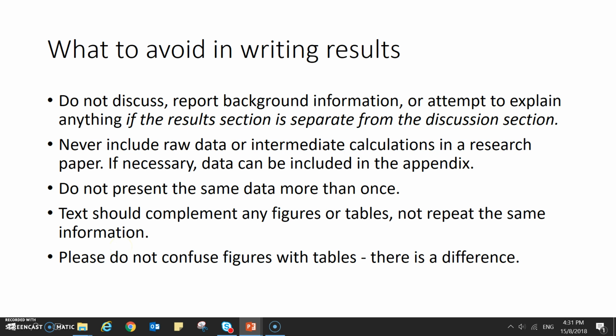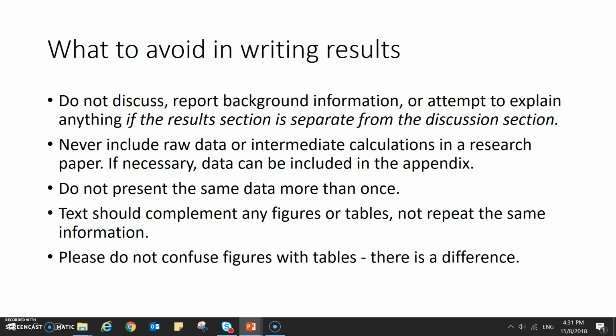What do you avoid writing in the results section? If your results section is separated from your discussion section, then you do not want to discuss the finding, report background information, or attempt to explain anything.